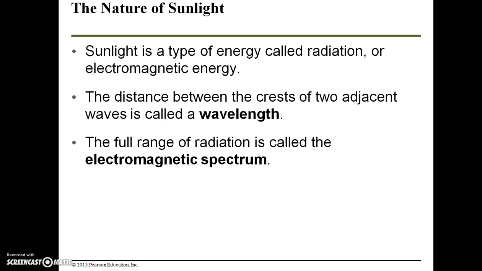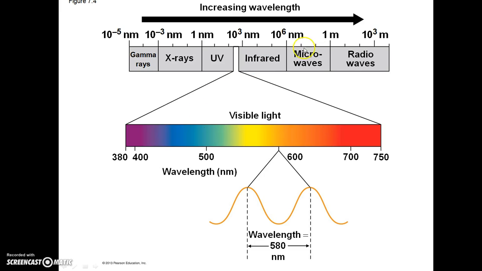Sunlight is a type of energy called radiation, or electromagnetic energy, and the distance between the crests of two adjacent waves is known as wavelength. The full range of radiation is called the electromagnetic spectrum. So here we have the electromagnetic spectrum.